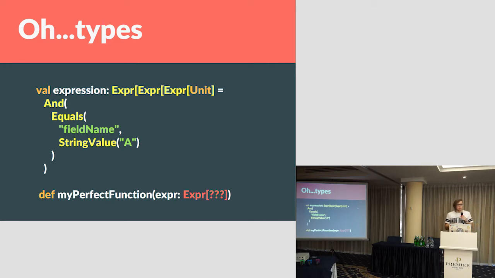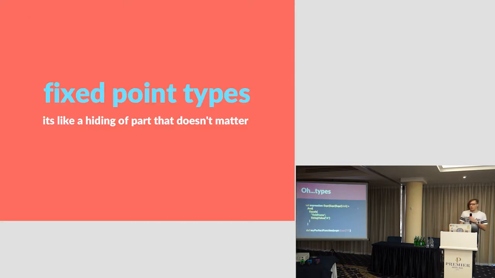Probably what you will need to do with this expression is to put it in some function to evaluate it. And now we have a question: which type of parameter must we set? The only way to process data like this is to say, okay, we accept expression of any, lose all types, and it's not our case.